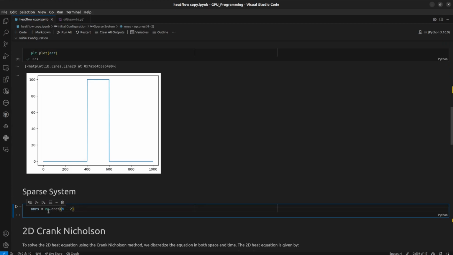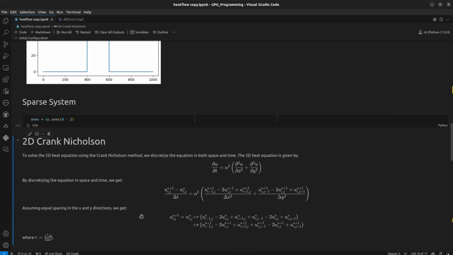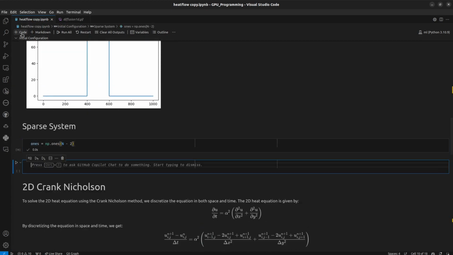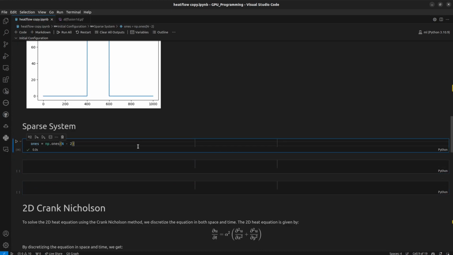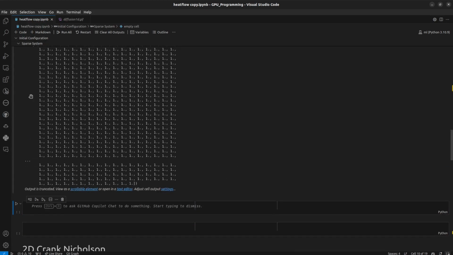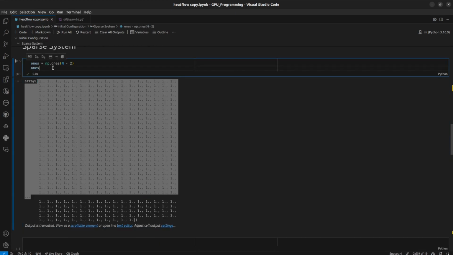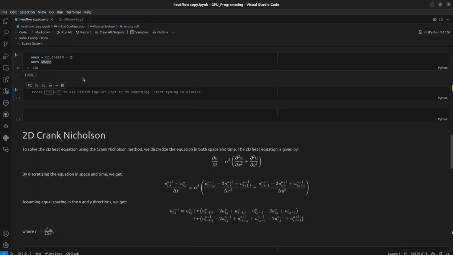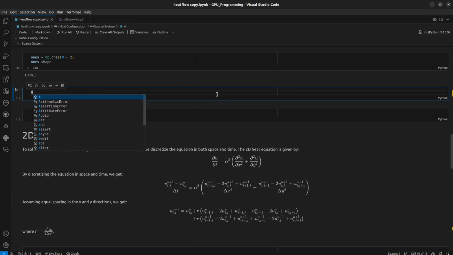So we get an n minus 2 times n minus 2 matrix, and the diagonal entries are just going to be some factor times this array of ones. Okay, we can have a look at it. As expected, it's just ones, and it's going to be 989 entries.